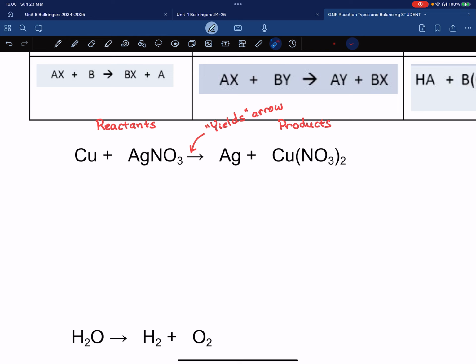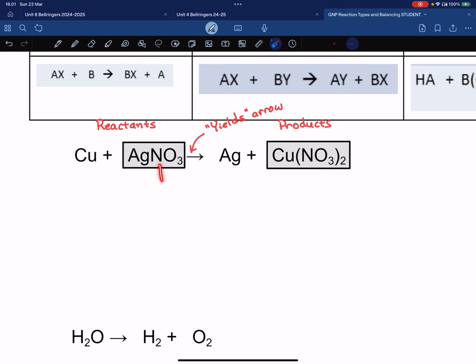Here's a little trick that I find helps, especially in the beginning. Draw a box around the compounds. Now, the rules are you cannot change anything inside the box. That's hands off. You don't have any access to that.